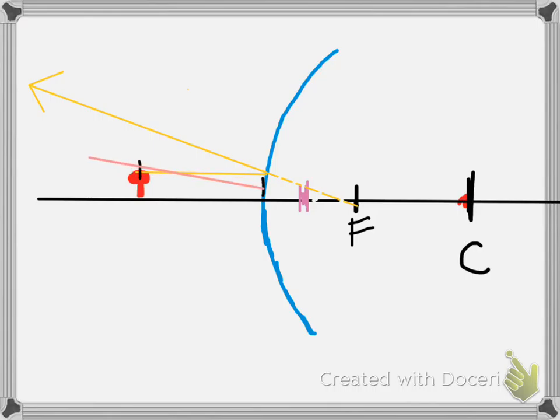Nope, that's no good. Okay, so there's my inbound line, and that has to reflect back parallel to the principal axis. So here's my reflection line, as close to parallel as I can get it. If I imagine how that line would continue behind, I show that as a broken line. So far so good. I've got two of my lines meeting right where I predicted my image would form.